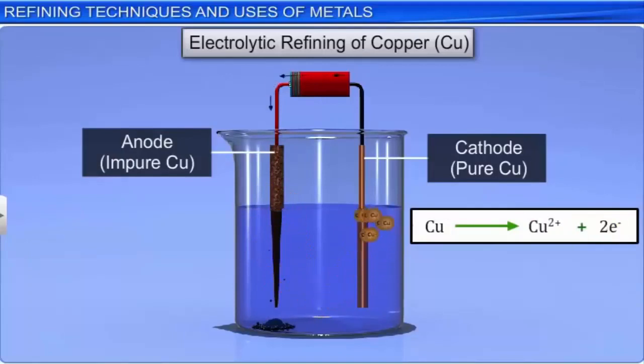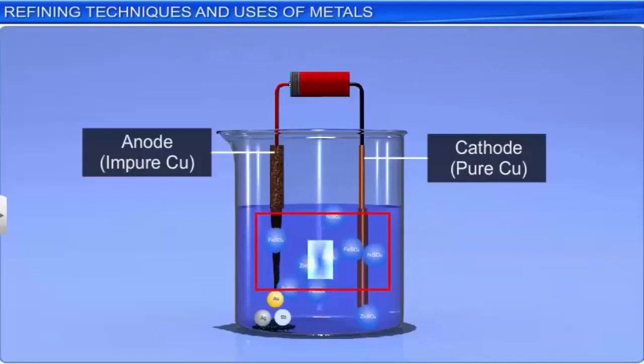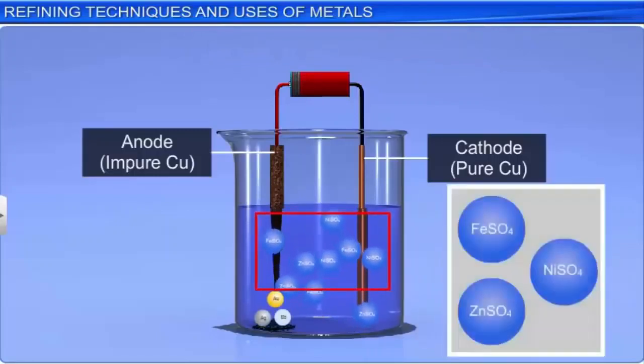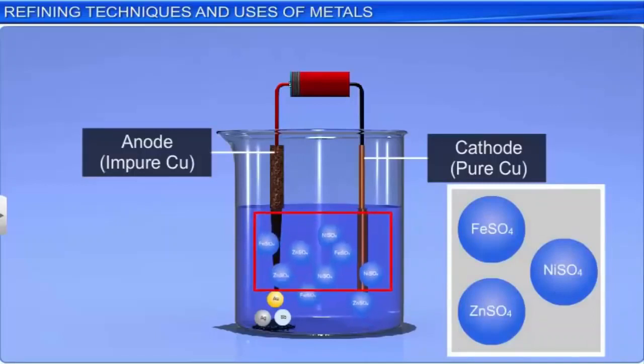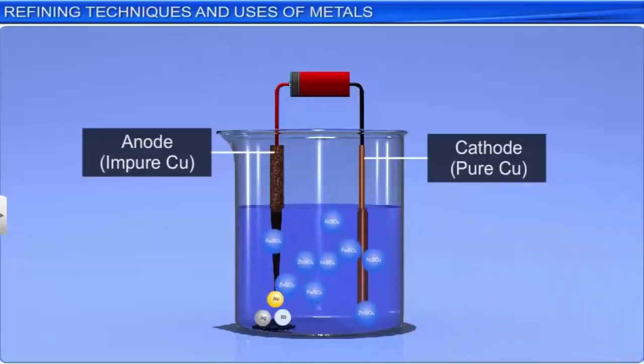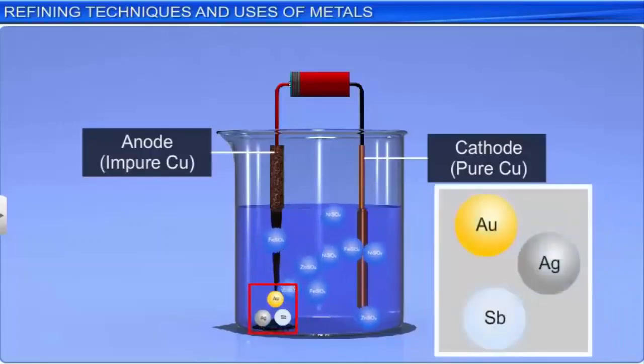These metal ions are reduced at the cathode and are deposited as pure metal. The more electropositive impurities like iron, nickel, and zinc are left in the electrolyte as their sulfates, while the less electropositive impurities like gold, silver, and antimony settle at the bottom of the anode as anode mud.